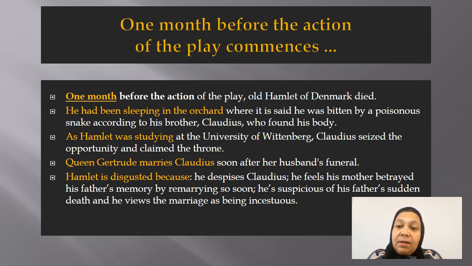Because she married her husband's brother, this marriage is seen as being an incestuous marriage. I must also state that it must have been very difficult for Hamlet, considering it's very difficult for a child to think of a parent as being a sexual being. And so that could have also contributed to Hamlet's disgust with his mother.